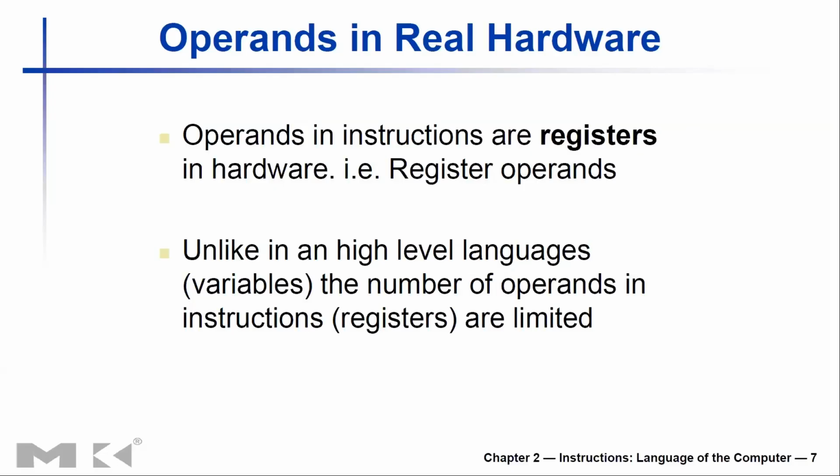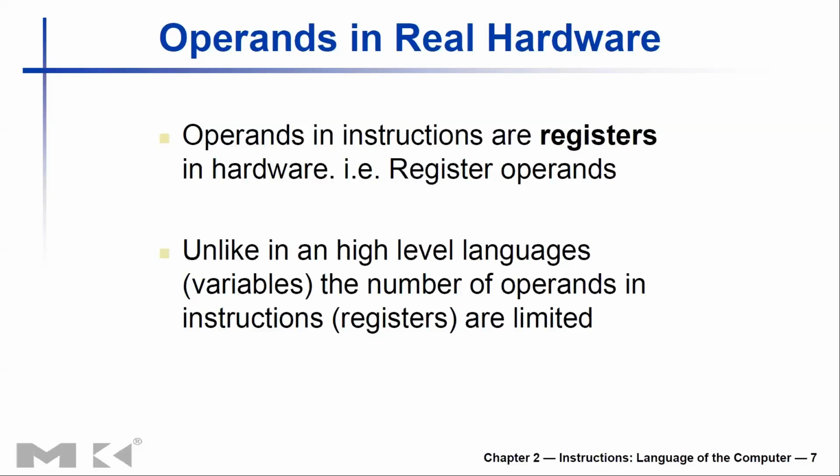You first need to store the operands, and only then can you perform operations like addition and subtraction. The operands required by the operation need to be stored somewhere in hardware.